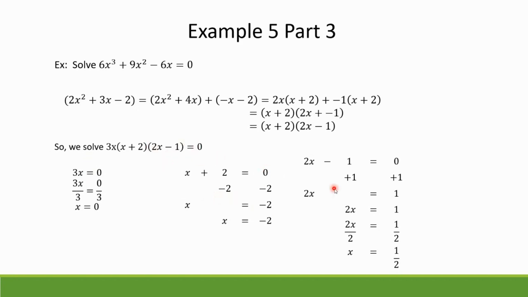The third factor, 2x minus 1, we set that to be 0. And then again, you solve for x. You want to get x all alone. We add 1 to both sides. You get 2x equals 1.